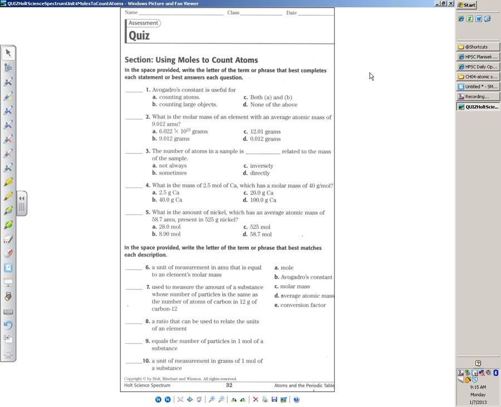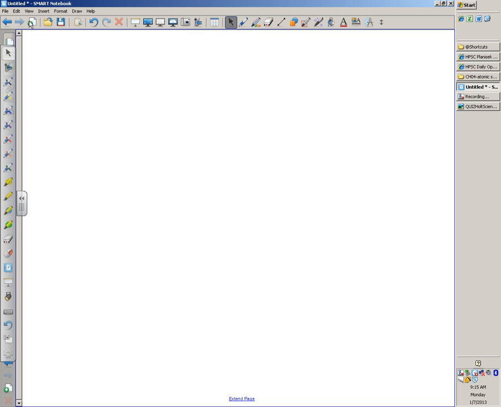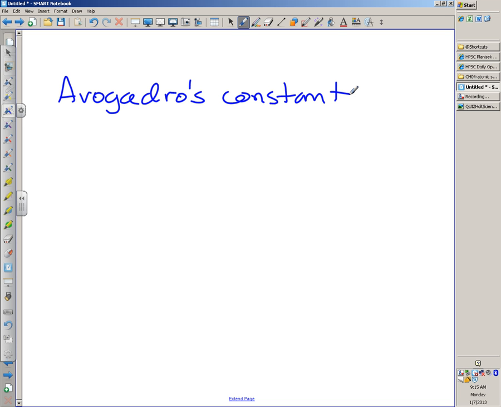First, we have to identify Avogadro's constant. Do we remember what Avogadro's constant is? No. Okay. 6.14. 6.02. All right. So, it's not avocado. Avocado. That's a good way to remember. All right.